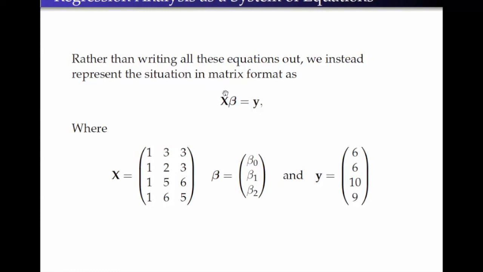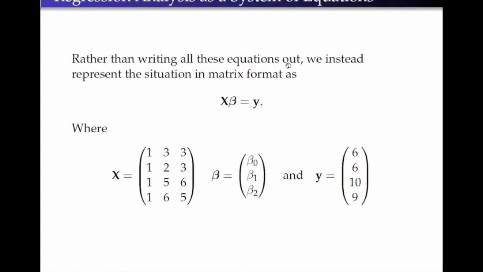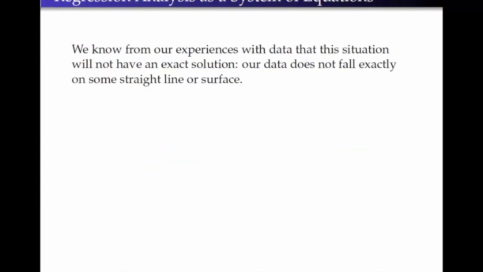So in a very compact format, we're writing our regression equation as x times beta equals y. Even more compact than the regression equation that we write out here. So when we see this x beta equals y, what we should think is the system of equations that's going on in the background. So like I said, we do know from our experience that data in this situation will not have an exact solution, right?